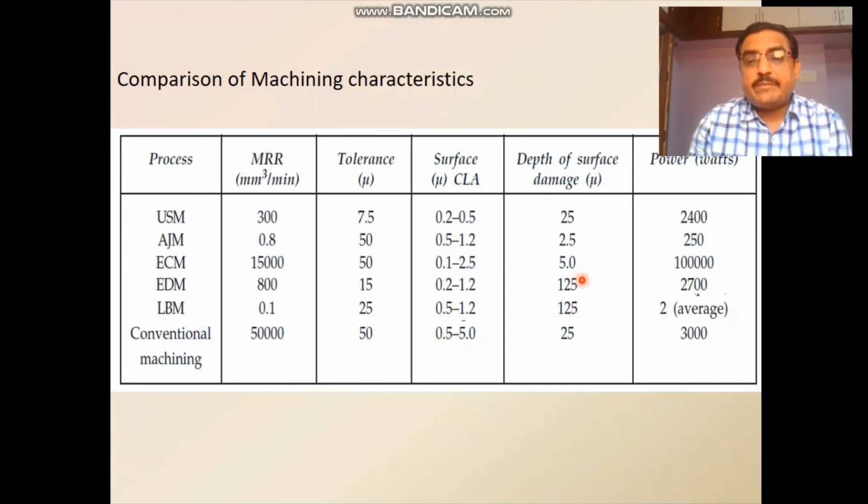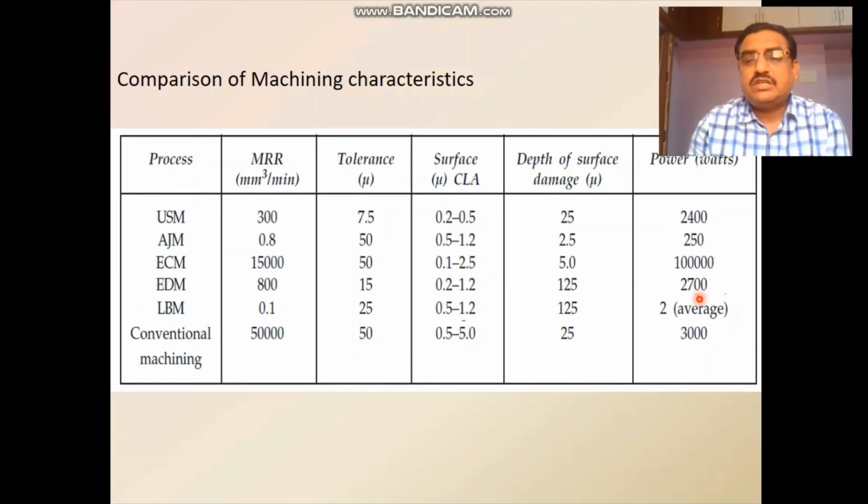Depth of surface damage: by conventional machining it is very small, up to 25 micron of the surface will be damaged, whereas with non-conventional machining processes the depth of surface damage is very high, up to 125 micron, by LBM or EDM processes because of high temperature.